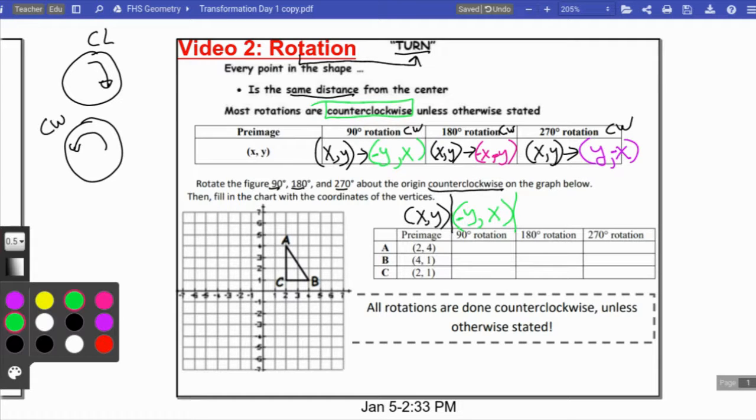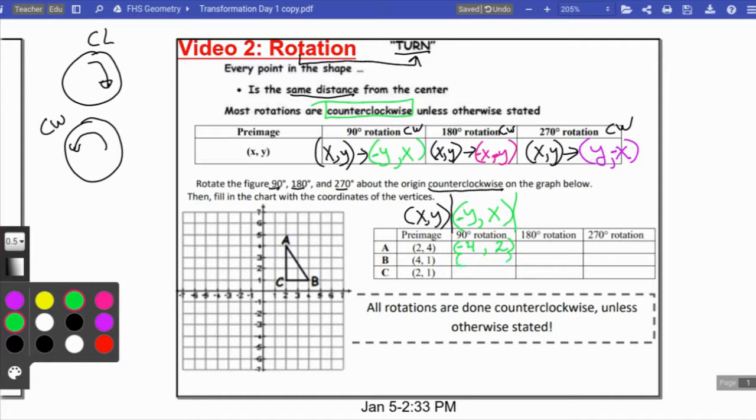Notice that the letters switch positions, so you should also switch these numbers. It was (2, 4), you're going to make it (4, 2), and then the left number gets the negative. Boom. You with me?